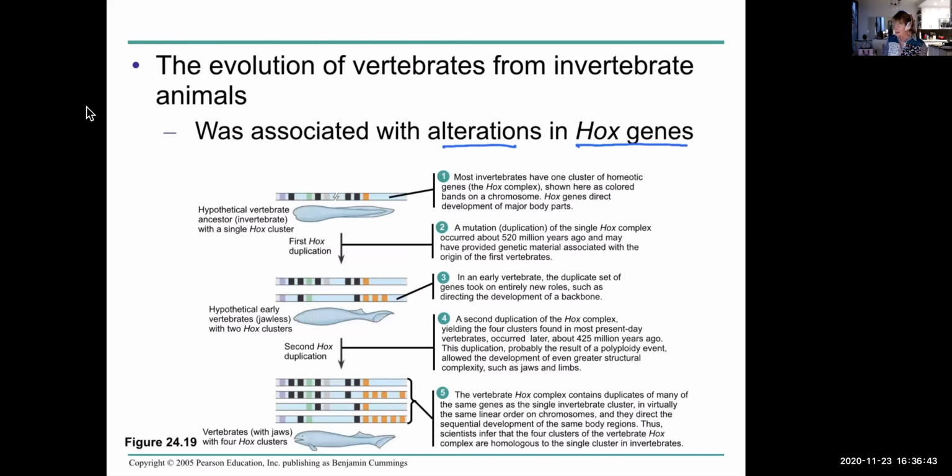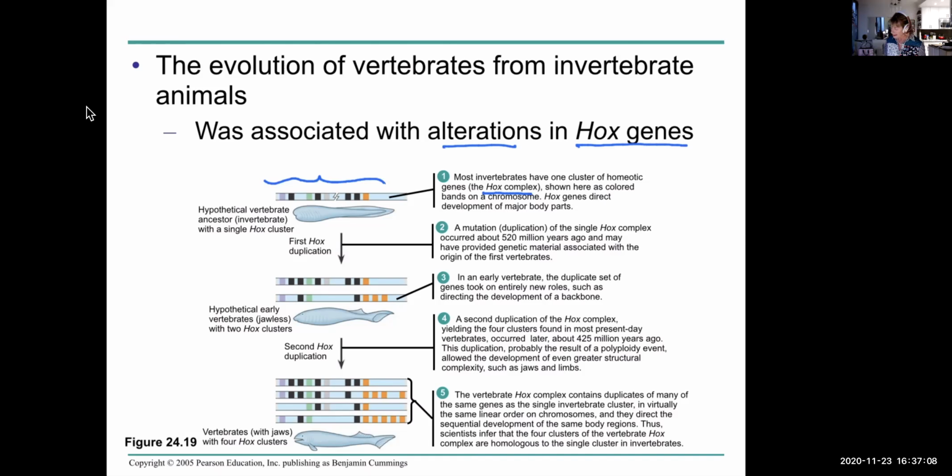It's a bit complex, which is okay, but in this case, the Hox genes have actually been mapped. So most invertebrates have a cluster, the Hox complex. They're the colored bands here. And they direct the body parts of invertebrates.